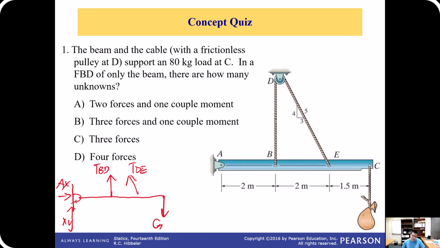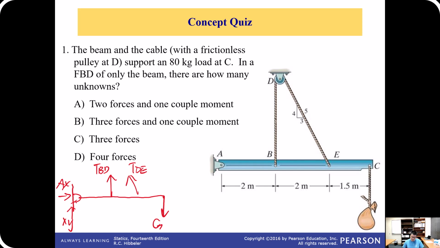So it looks like we have more unknowns, which is 4, than the number of equations of equilibrium. It seems the problem cannot be solved. So how many of you agree with this problem cannot be solved?